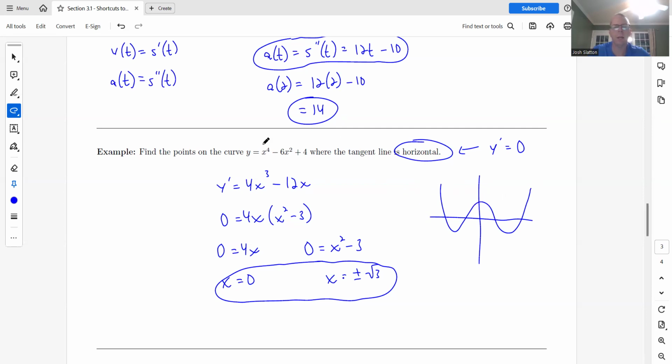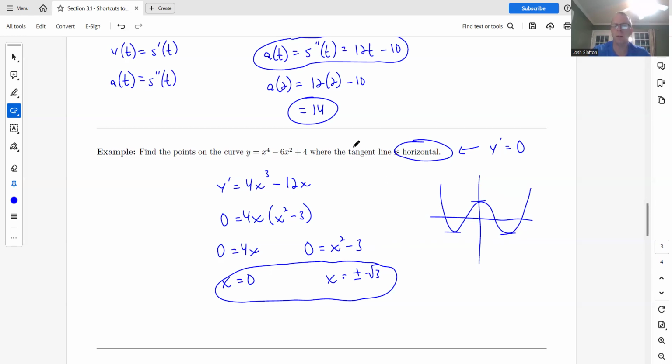And then in behavior, so even degree, positive leading coefficient, so we know it's going up on the ends, and then what it does in the middle is anyone's guess, but we do know that we have 3 places where the first derivative equals 0. So there would be the negative square root 3, there is x equals 0, and there is x equals positive square root 3. So that's the points on the graph we're looking at.